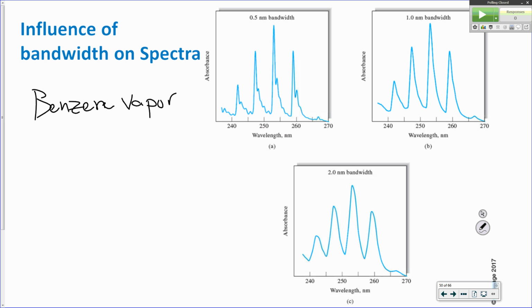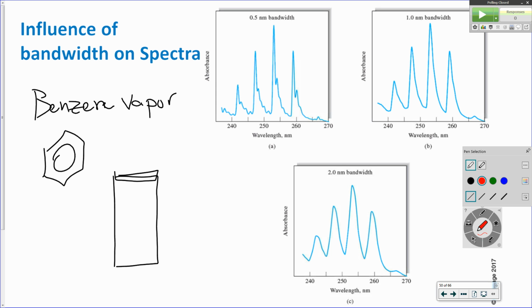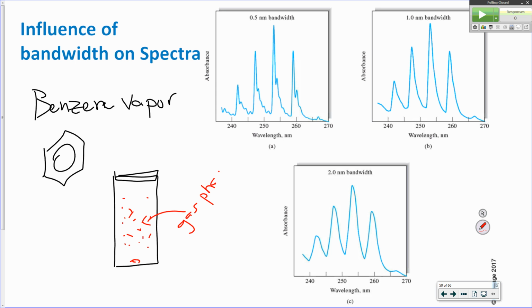Because it's so volatile, you can just put a drop of it in a cuvette and put a cap on the cuvette, and the vapors from benzene will saturate in the gas phase at plenty high enough concentration. So you're actually doing a gas phase measurement in this, not a liquid phase.